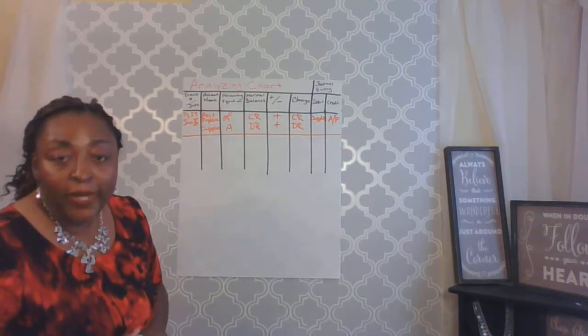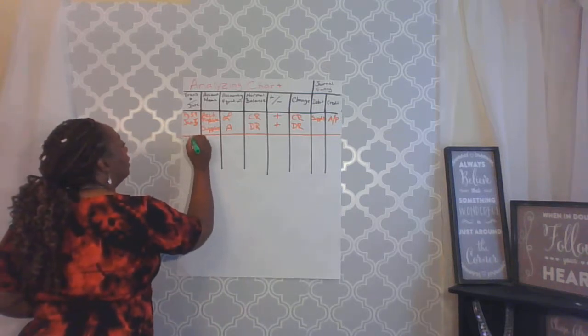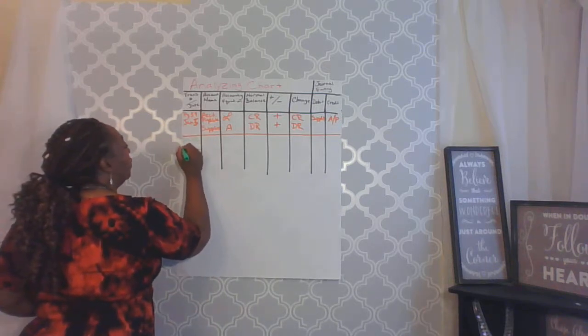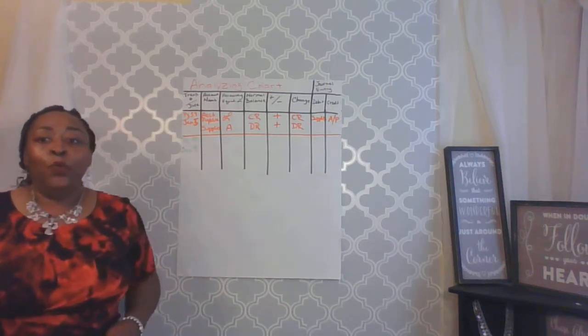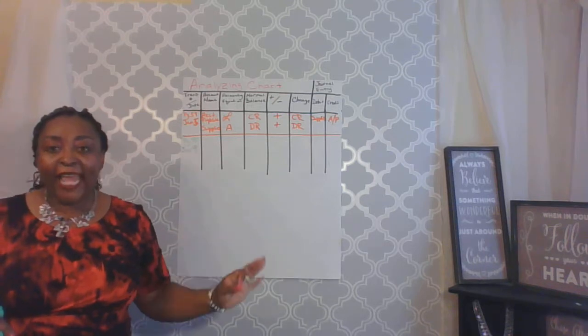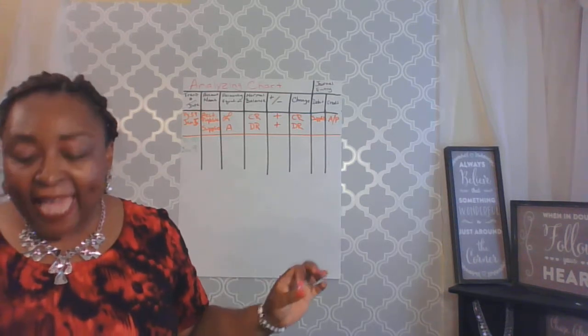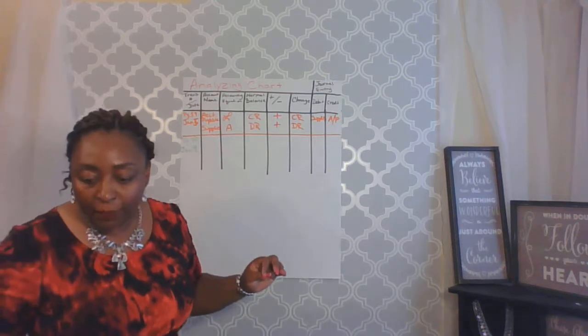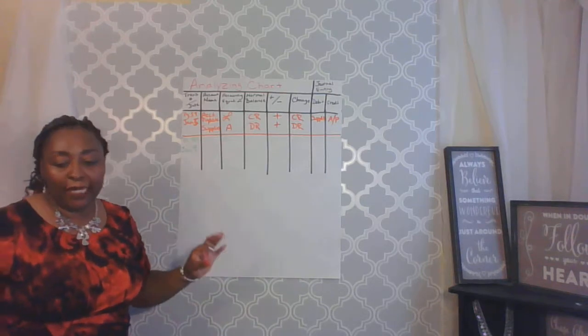So on January 9th, on page 40, we have the transaction: paid cash on account to Canyon Supplies, $100. We paid cash on account.